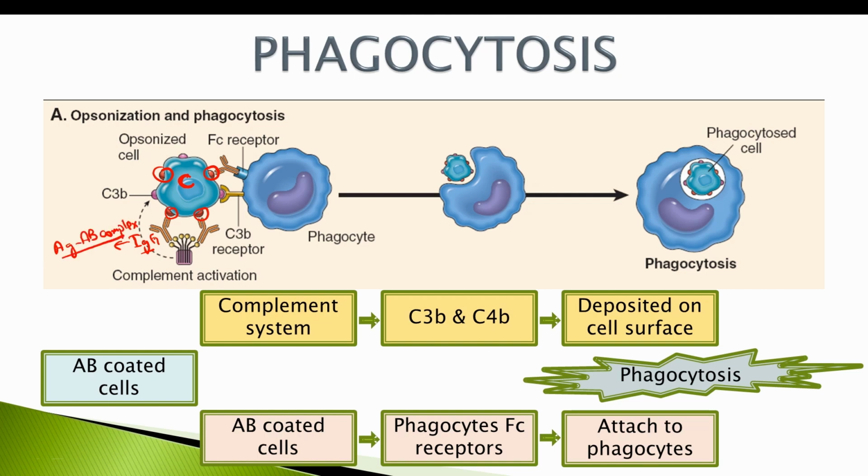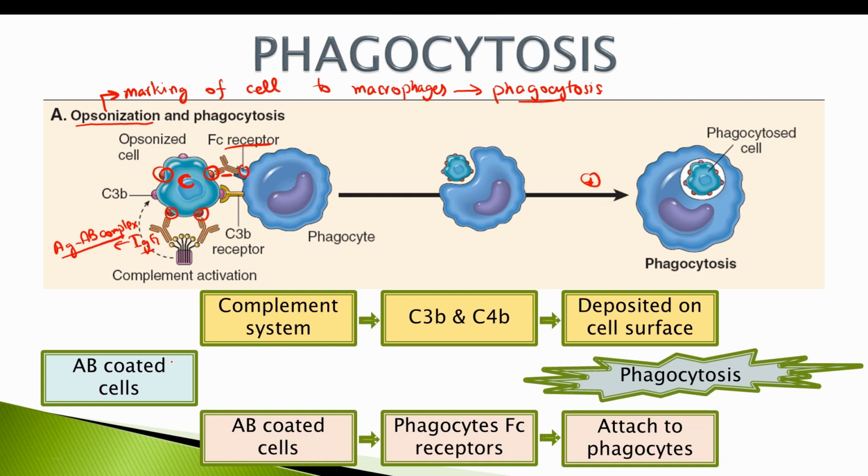So antibodies attached to the cells having antigens are known as opsonized cells, and this process is known as opsonization. So opsonization is basically marking of the cell to macrophages for phagocytosis. So macrophages attach by the Fc receptors to these antibodies and ultimately result in phagocytosis and destruction of the cell.